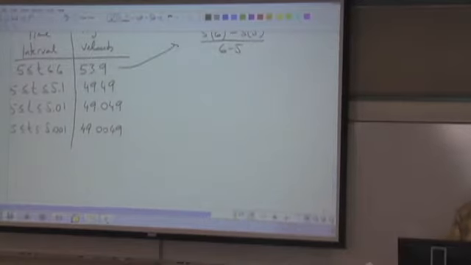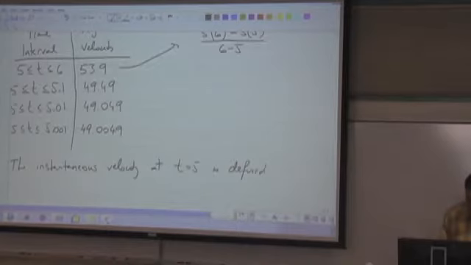So the instantaneous velocity at t equals 5 is defined to be the limiting value of these averages.